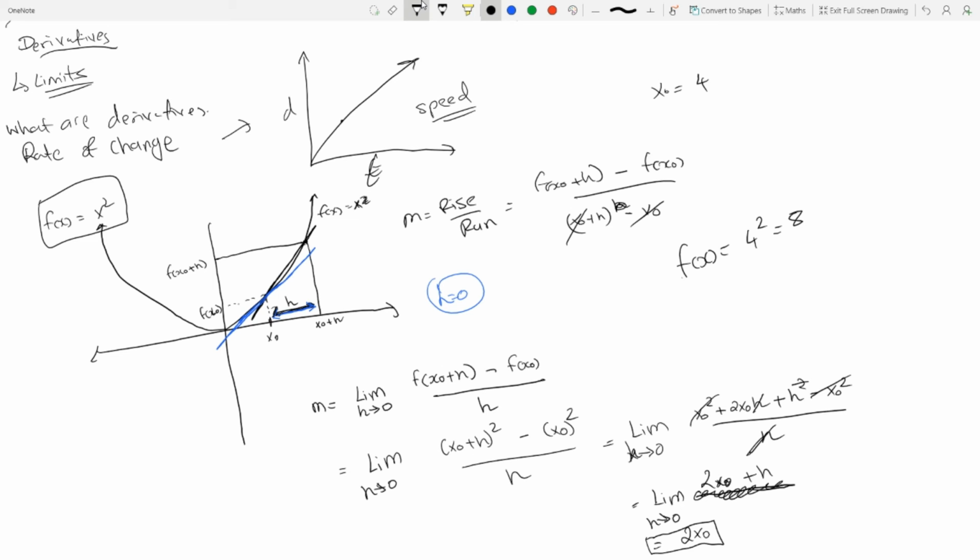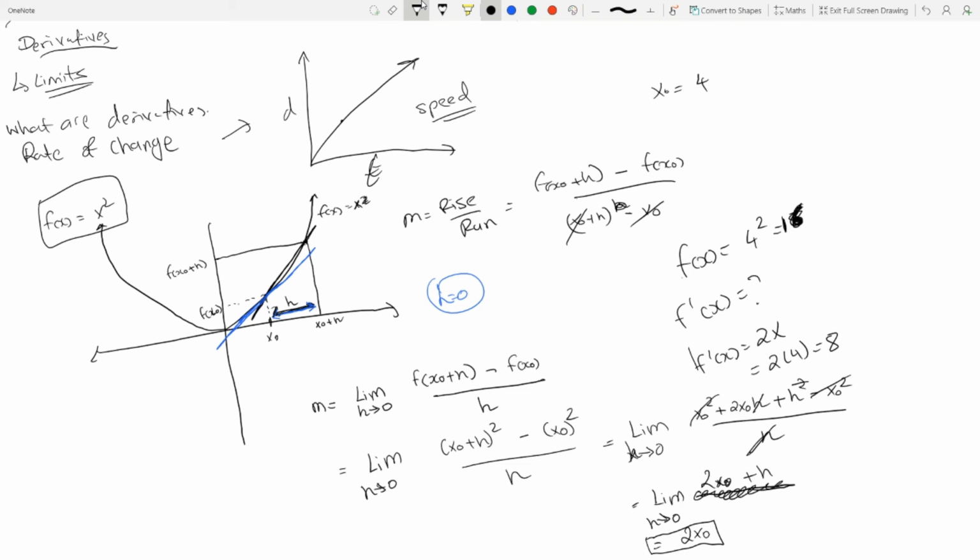But what is the derivative f prime of x equal to? We know f prime of x is equal to 2x. And you plug that in, 2 times 4, which is equal to 8.